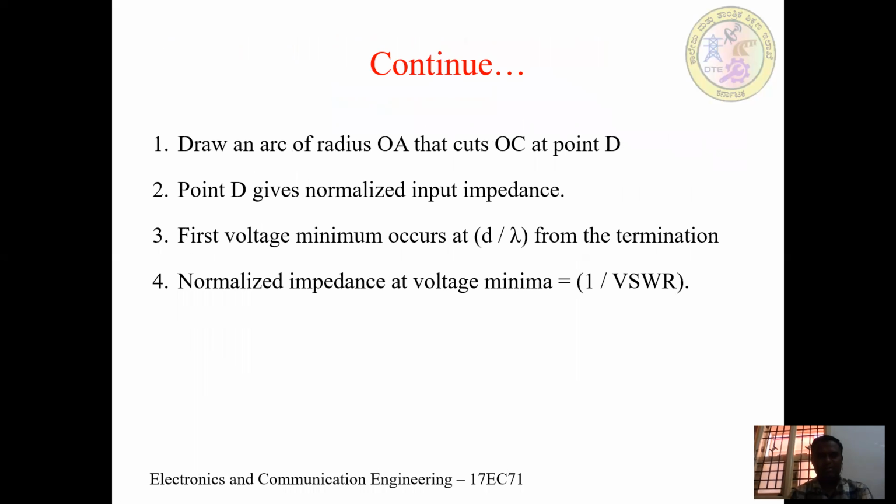These steps we already did. Draw an arc of radius OA and cut OC at the point D. Point D gives the normalized input impedance. The first voltage minimum occurs at D by lambda from the termination. Normalized impedance at voltage minimum is equal to 1 divided by VSWR.